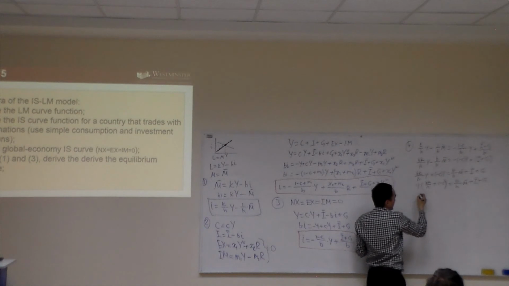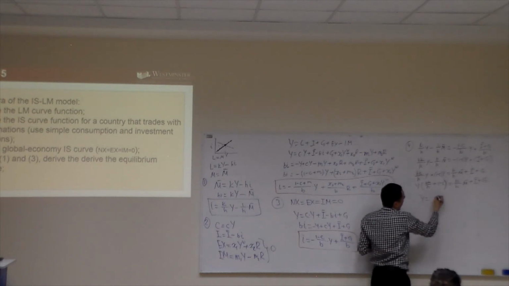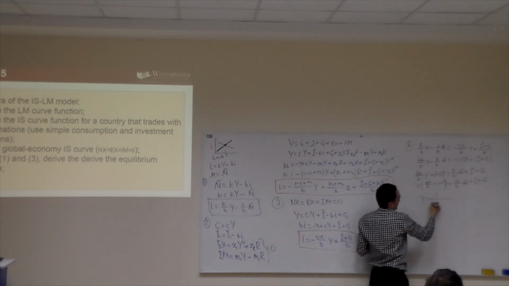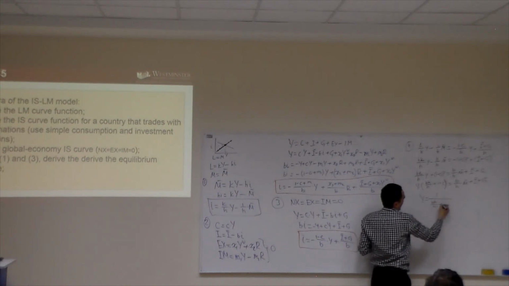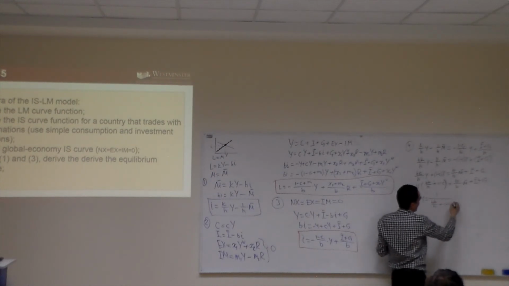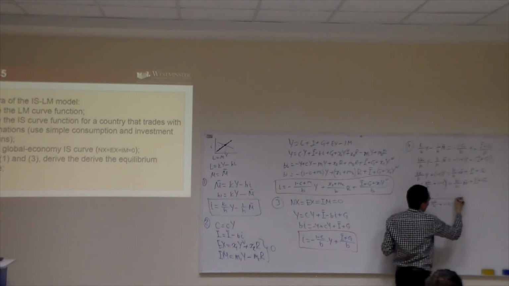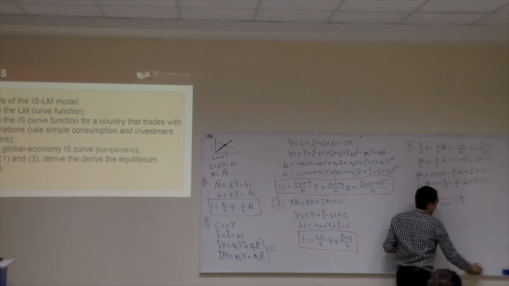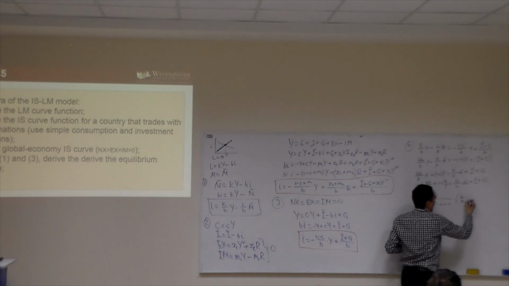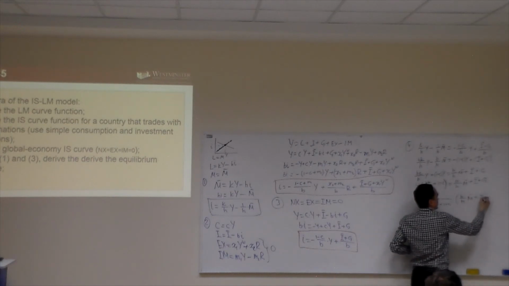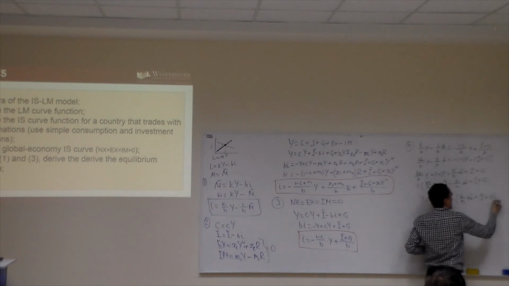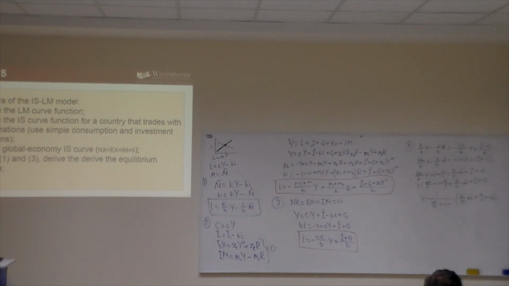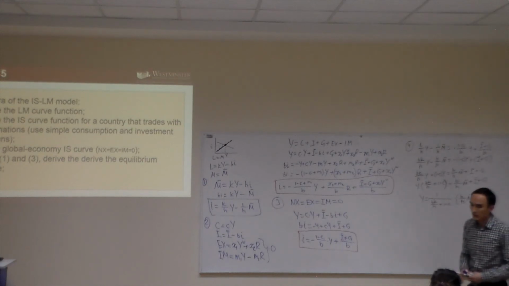So our equilibrium income is equal to 1 over BK over H plus 1 minus marginal propensity to consume times B over H times minus money supply plus autonomous investment plus government spending. So this is equilibrium income for the global economy.